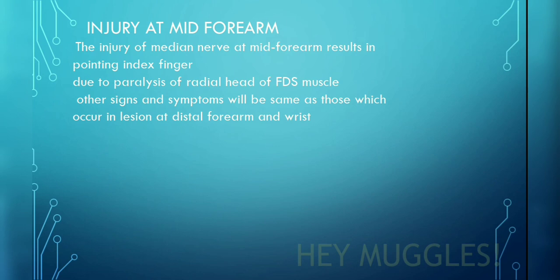Plus the other signs and symptoms would be the same as when there is a lesion to your median nerve at the distal forearm or your wrist. So we previously studied the injury to your median nerve at the wrist. The signs and symptoms would be the same as the injury at the wrist, plus there would be pointing index finger, right? Pointing index finger because of the paralysis of the radial head of flexor digitorum superficialis muscle.